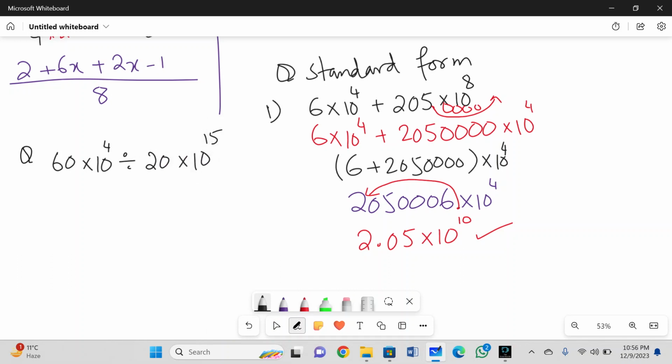In the case of division, it is very easy. Similarly for multiplication as well. So 60 over 20: just divide the coefficients and subtract the powers, 10 power 4 minus 15. 60 divided by 20 will give you 3 into 10 power negative 11. And this will be the answer. Hope you understand the concept.